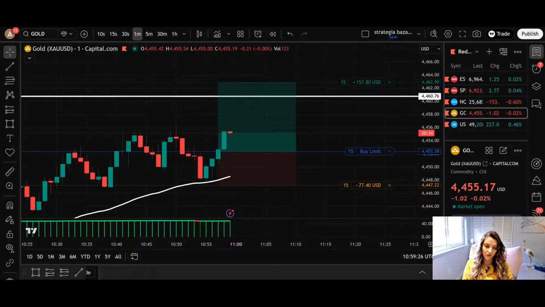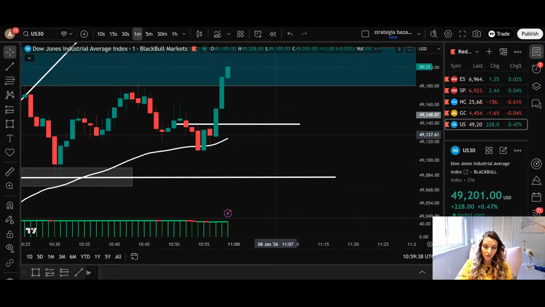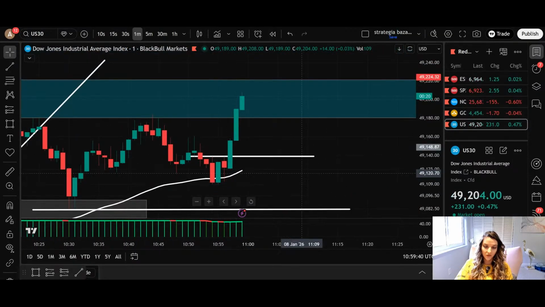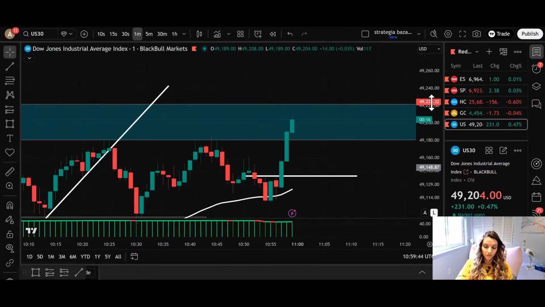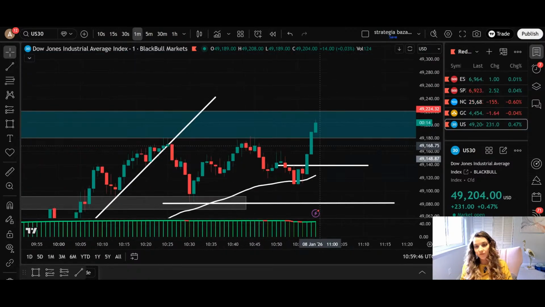Yes, always entry on 1 minute. Look, US30. It gives you a nice EMA rejection. Look at this.